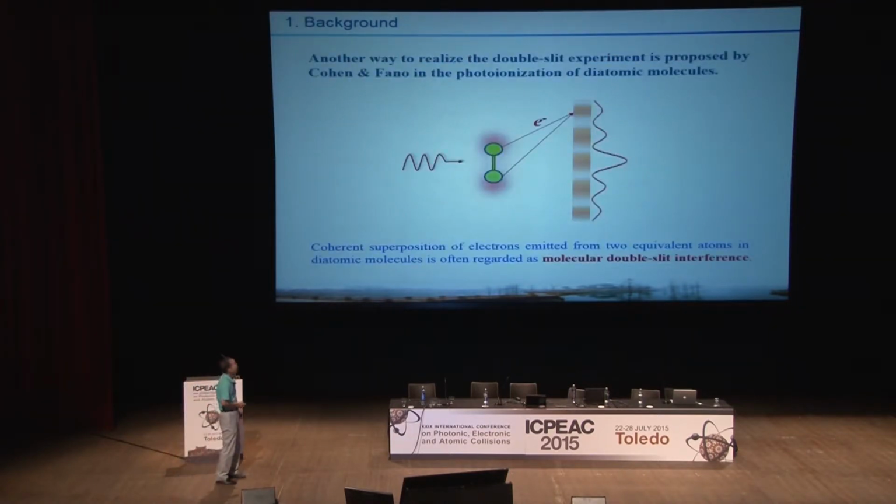Another way to realize the double-slit experiment was proposed by Cohen and Fano in the photoionization of diatomic molecules, in which the coherent spreads of electrons emitted from the two atoms in diatomic molecules is often regarded as molecular double-slit interference.